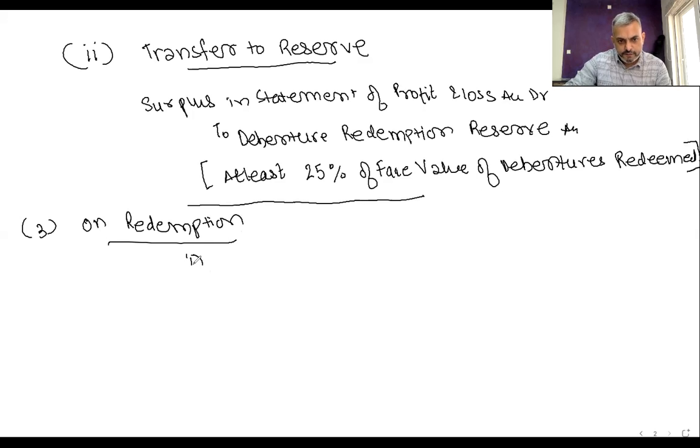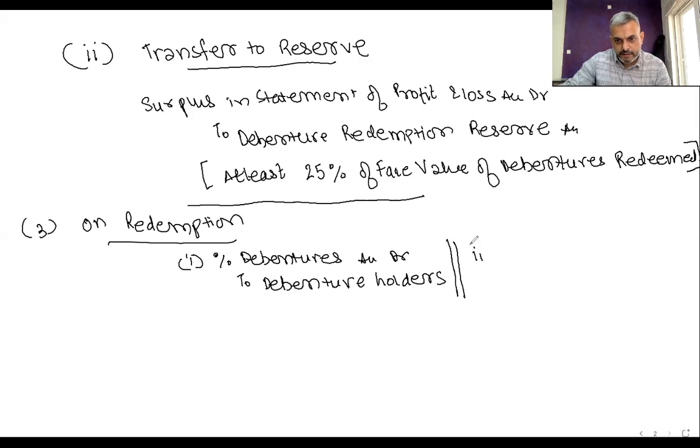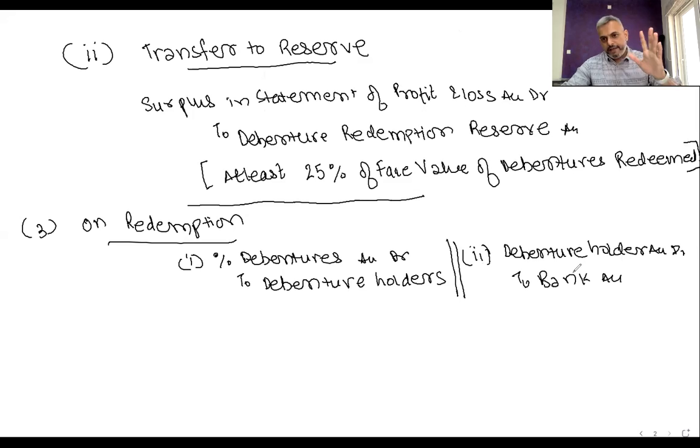So similar entry, first percentage debentures account debit to debenture holders, and second debenture holder account debit to bank account. So now we are paying the money back to debenture holder.